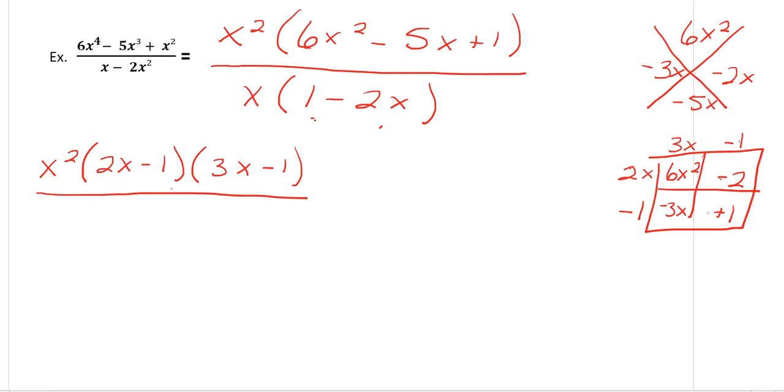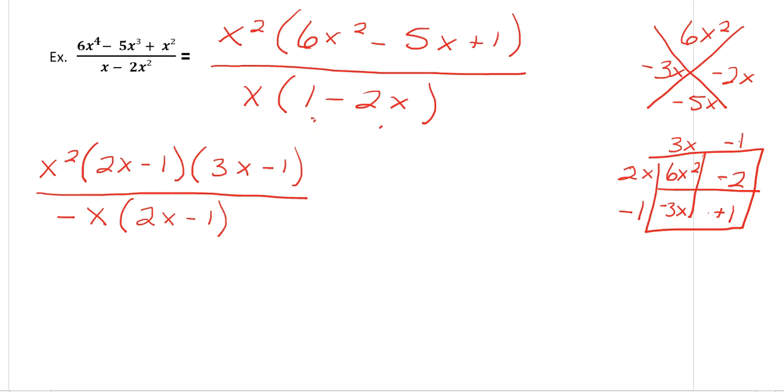So let's go ahead and factor out a negative 1 out of the denominator. So I'll just put the negative sign in front of the x. It changes the sign of both of these. It makes this positive 1 negative, and it makes this negative 2x positive. So let's go ahead and switch the order, because I'm OCD and I like to see it exactly the same. So now we have both completely factored.